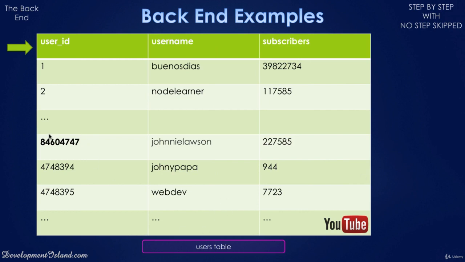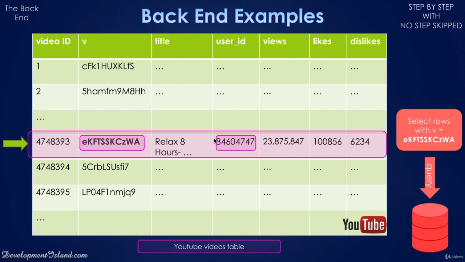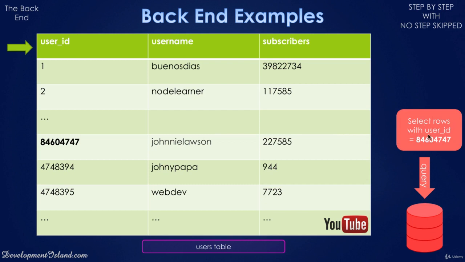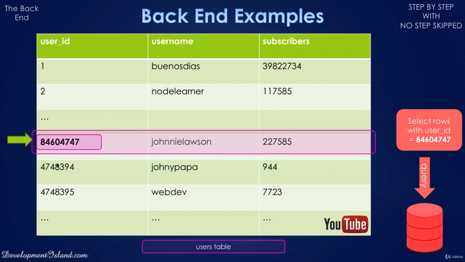So it's going to use the user ID we had there to find details about that specific user. So this includes their username, number of subscribers, and so on. So the query here is going to be select all the rows with that user ID. And here we go. Once we find that row, we just get the details of that row. And then we use those details to populate our templates.